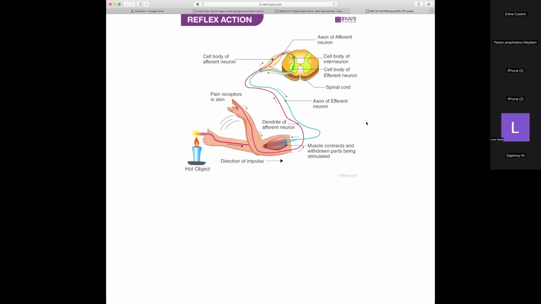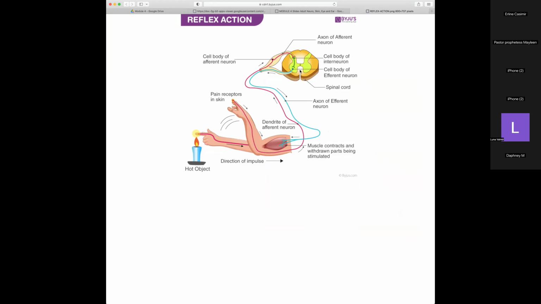So this is a reflex arc. They call it a reflex action, but it's an arc because it's like a feedback system. Okay? So first, the person accidentally touches a hot object. It's going to send the information up through the spinal cord. Here's the spinal cord here if you were to cut it in like a piece, and the nerves are going to send the information to the spinal cord.